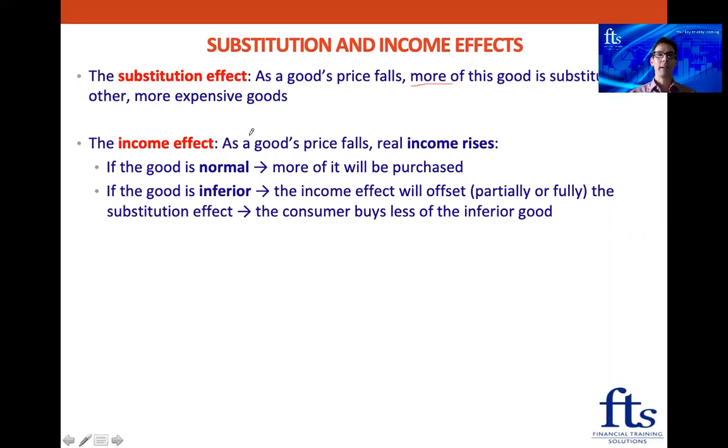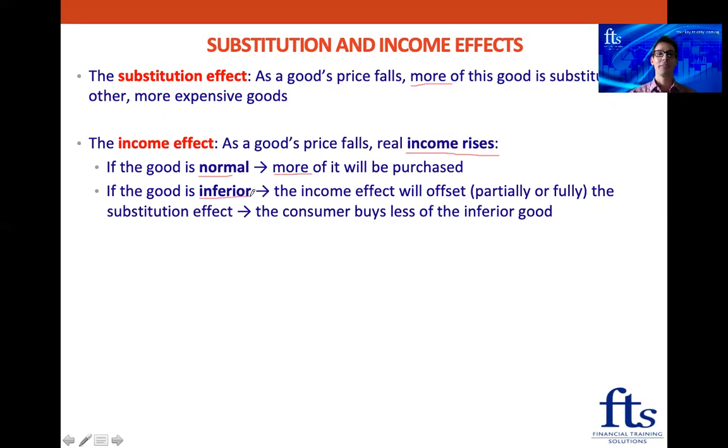Now the income effect states that as a good's price falls, real income goes up, because we in effect have got more money. So remember from before, if the good is normal and income is up, we're going to purchase more. But if the good is inferior, like maybe rice, I'm going to pick on rice because we're going to do it on the next slide as well.